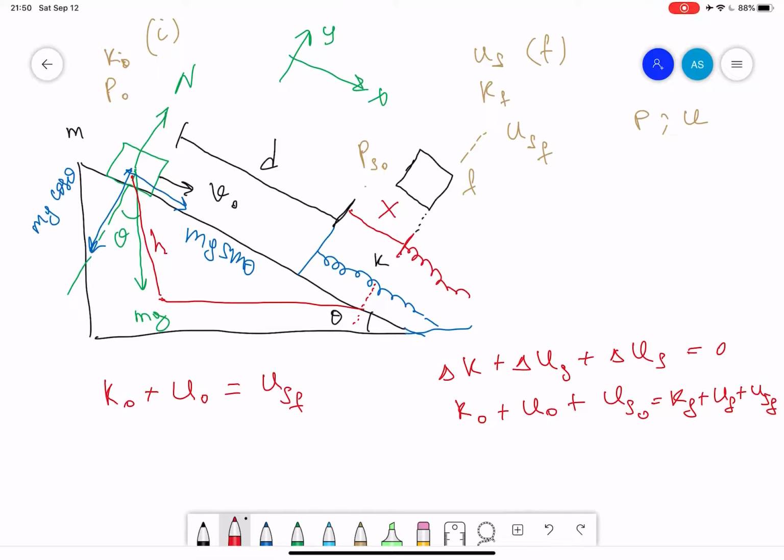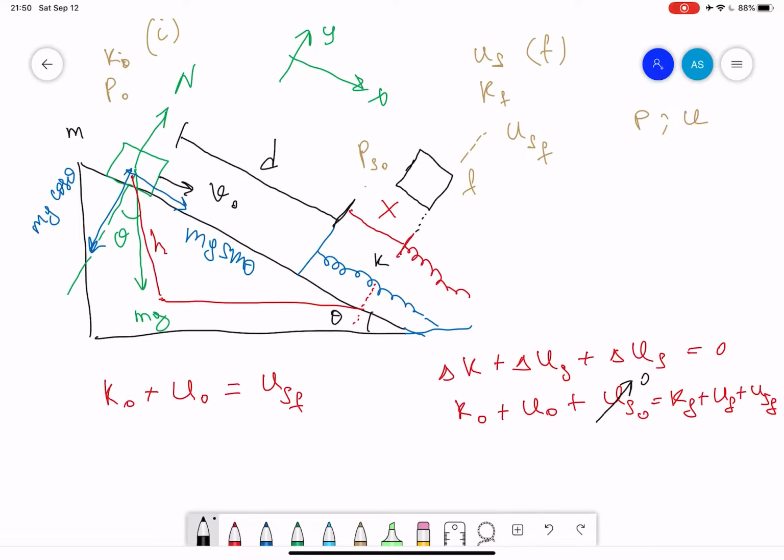Now we have kinetic energy initial and potential energy initial, but what about spring potential energy? The spring initially is not compressed, therefore it is equal to 0. Now what about final kinetic energy?